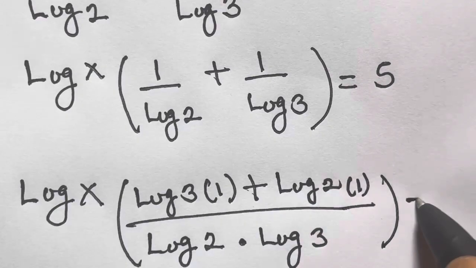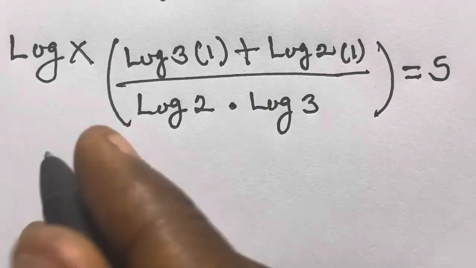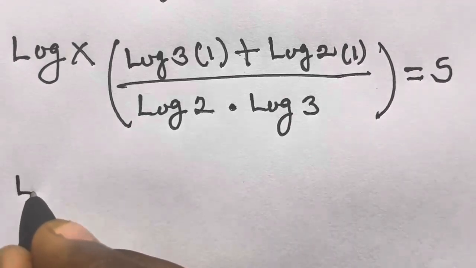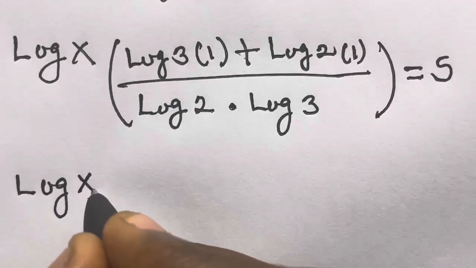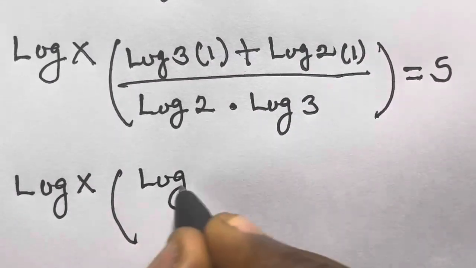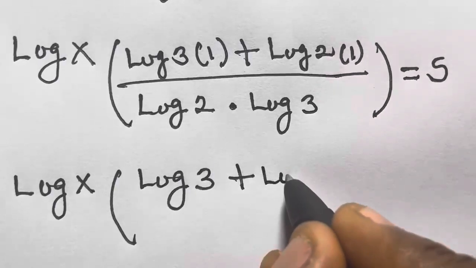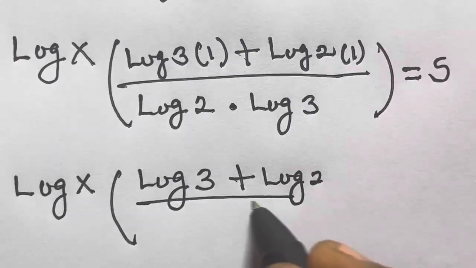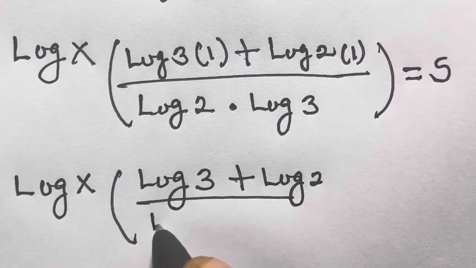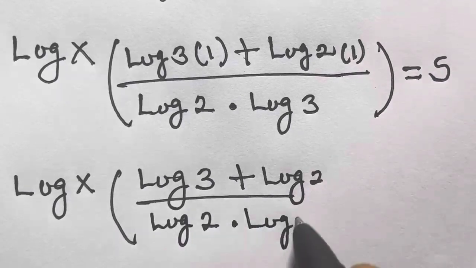It equals 5. We have log x times log 3 times 1, which is log 3, plus log 2 times 1, which is log 2, divided by log 2 times log 3.